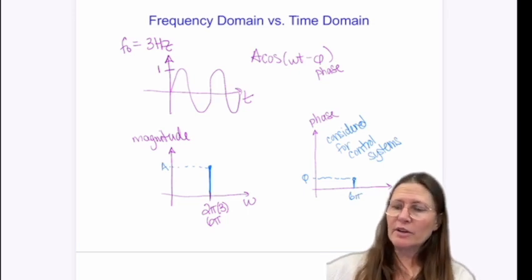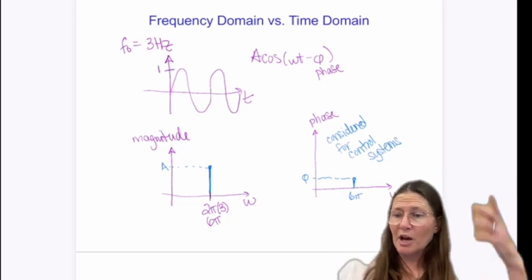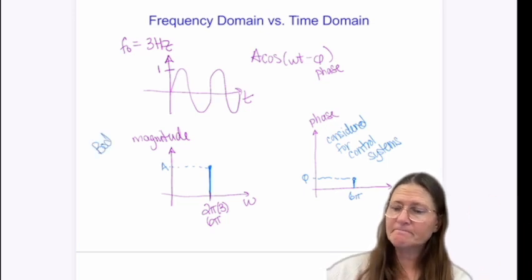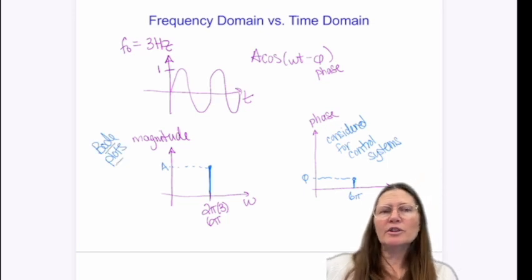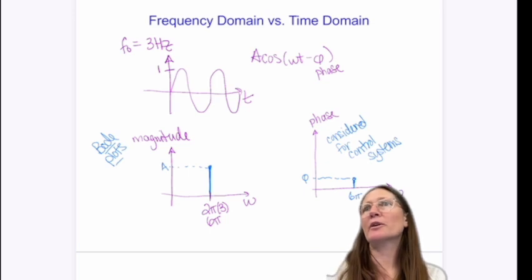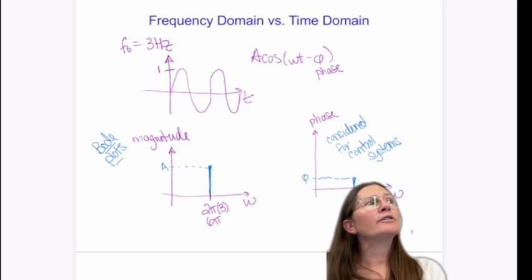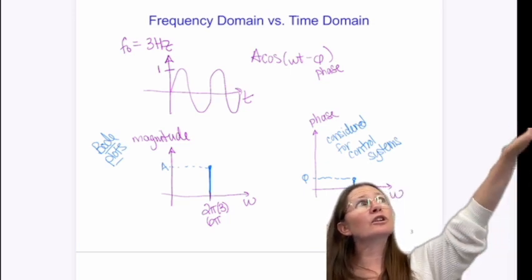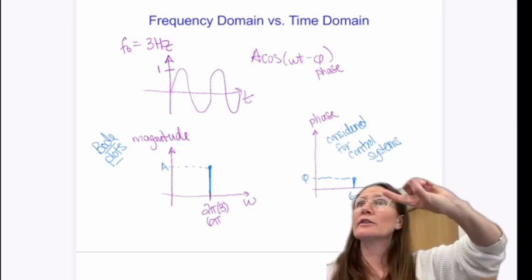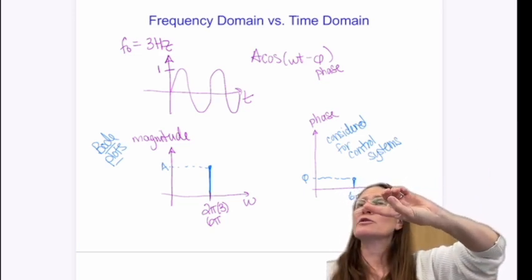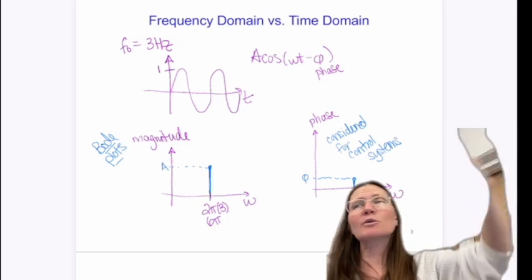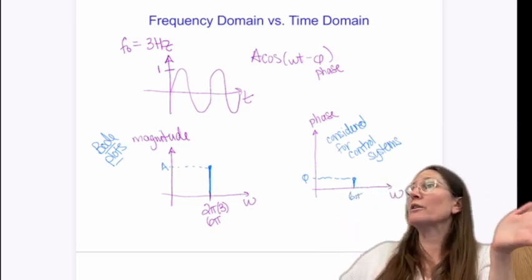We consider these Bode plots. What they do is tell us information about a signal, or information about the circuit. As I showed, this only tells you information about one signal, one value. But a lot of times you want to know what's going on over the whole frequency range.